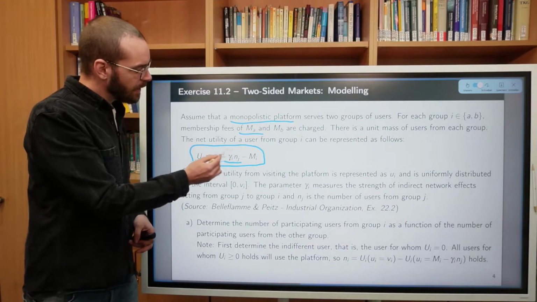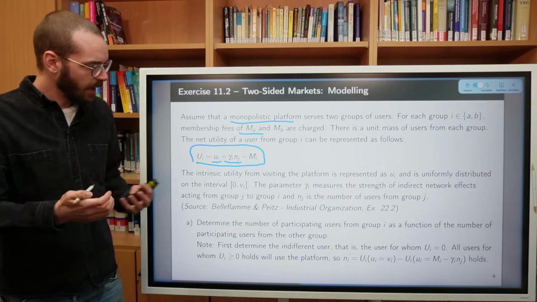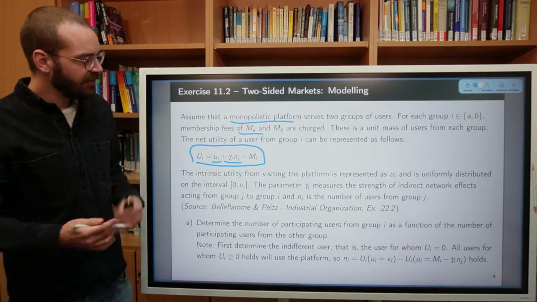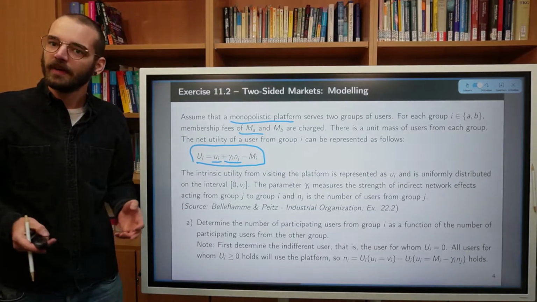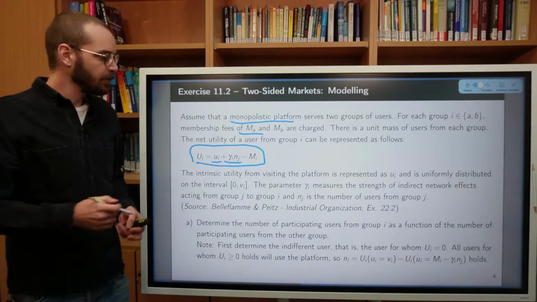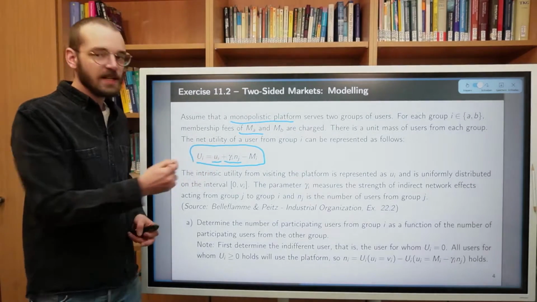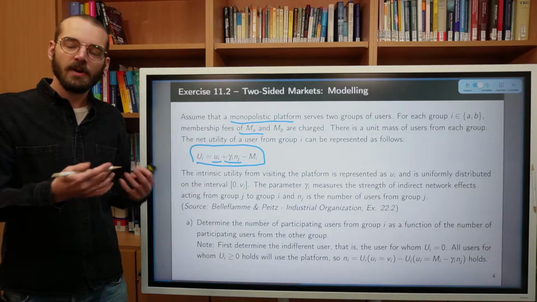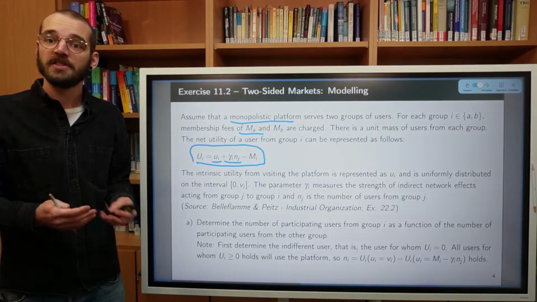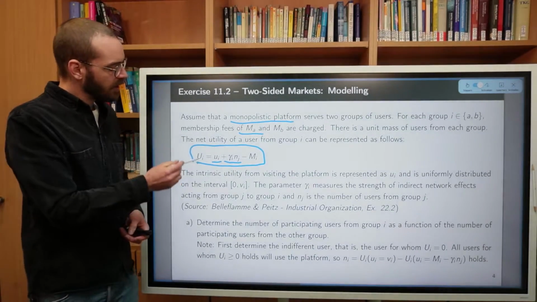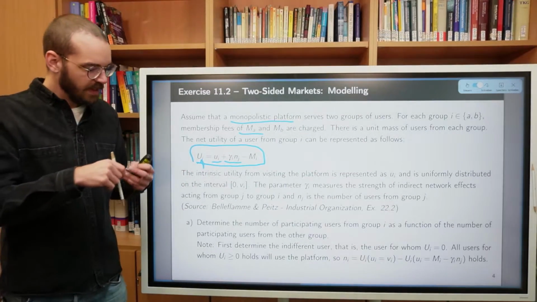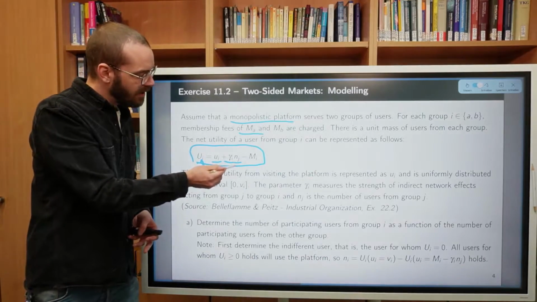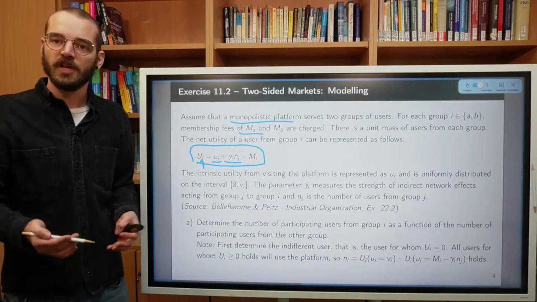And then there is some factor gamma, which we will find out should lie somewhere in the interval between 0 and 1. But in general, what this captures is that there is some positive spillover effect, some positive utility for a user from group i that is sourced in the number of users from group j.